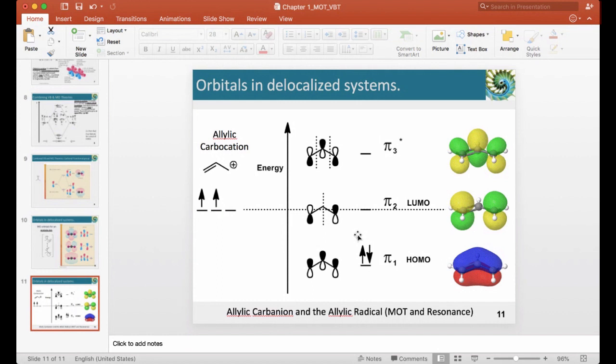Okay, so one thing once again, and this I'm going to leave as homework. We can discuss this on Thursday. So I invite you to draw the resonance structures of the allylic carbocation and explain the structure of the allylic carbocation based on resonance theory, and then compare to the prediction of molecular orbital theory.